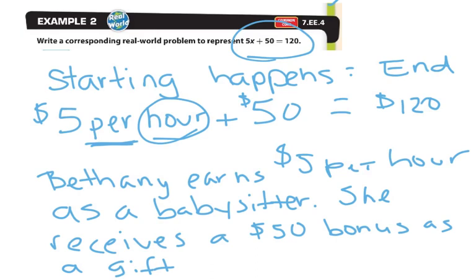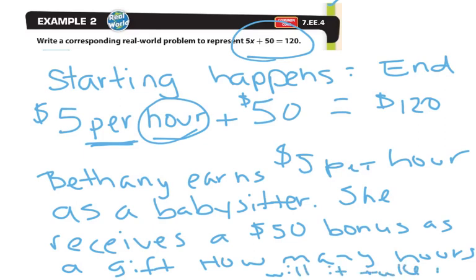How many weeks will it take, or how many hours will it take her to earn $120? Pretend I wrote the rest of it, okay? Her to earn $120. Okay?